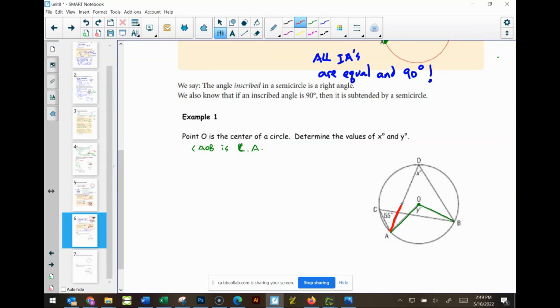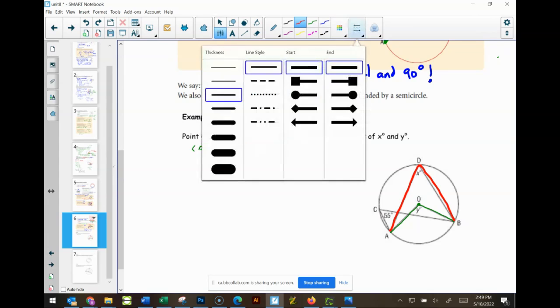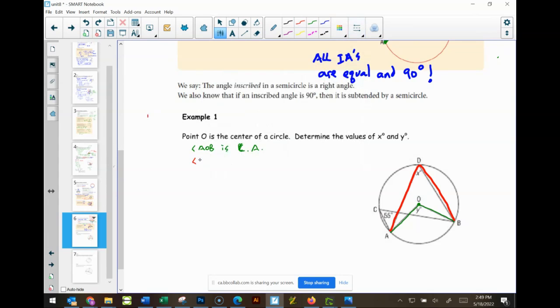I also know that angle ADB, that's a D up top there, is an inscribed angle. So if I've got a central angle and an inscribed angle, I know that Y is going to be 2 times as big as X. So that's 2x.